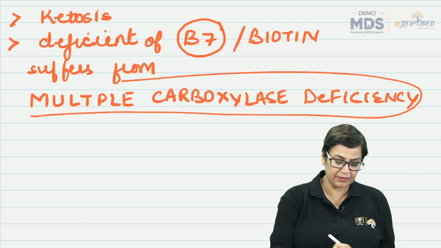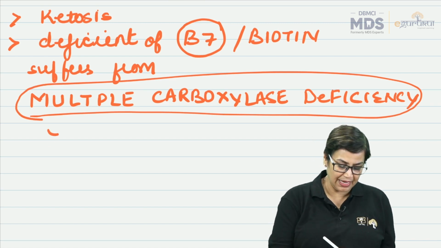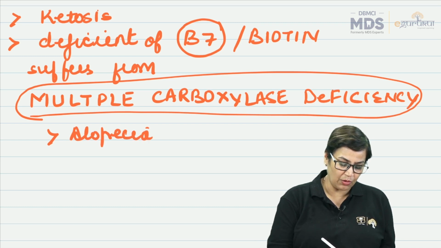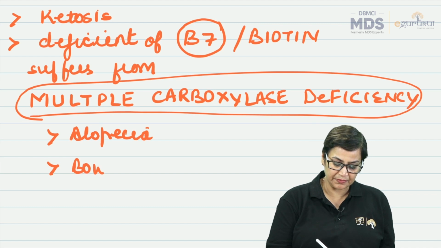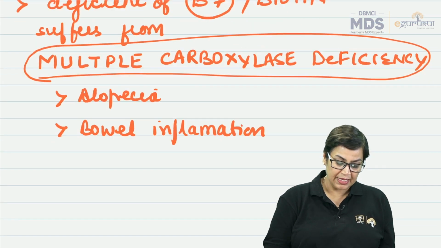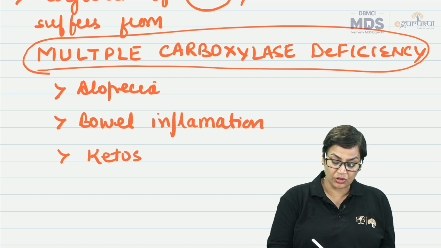Very, very important. And the most important feature is alopecia, right? Bowel inflammation is also there. Then ketosis is also there.